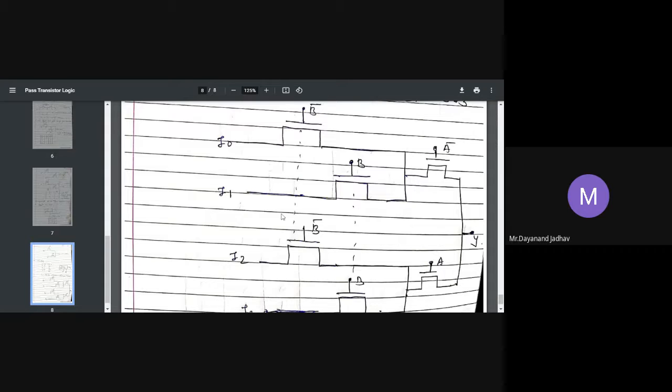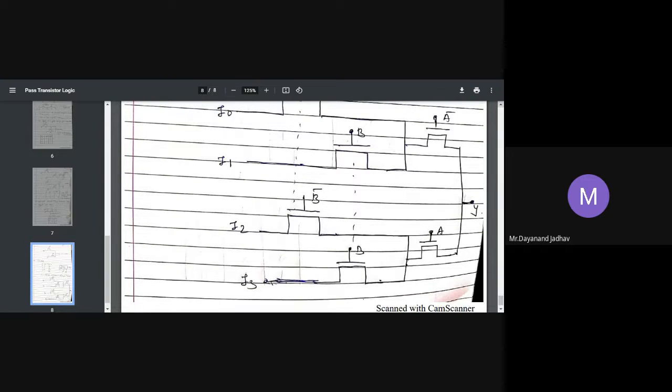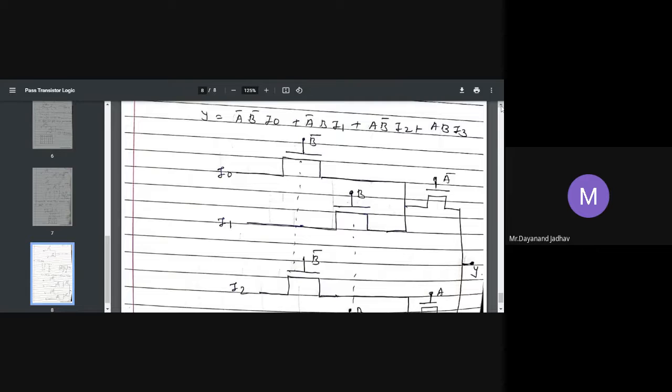A equal to 0, B equal to 1, I1 in the output. A equal to 1, B equal to 0, Y equal to I2 in the output. And A equal to 1, B equal to 1, I3 is in the output. In this way, we can implement the pass transistor logic.